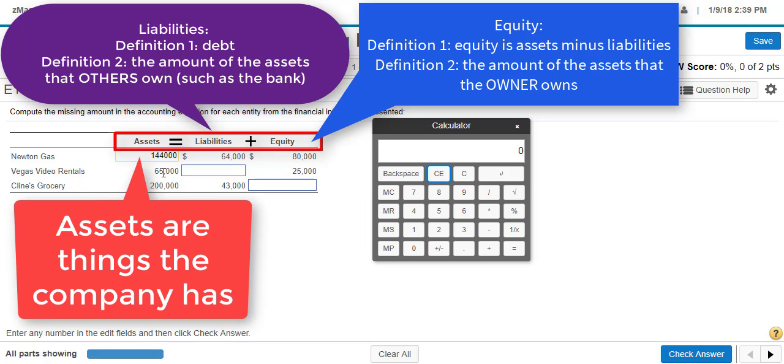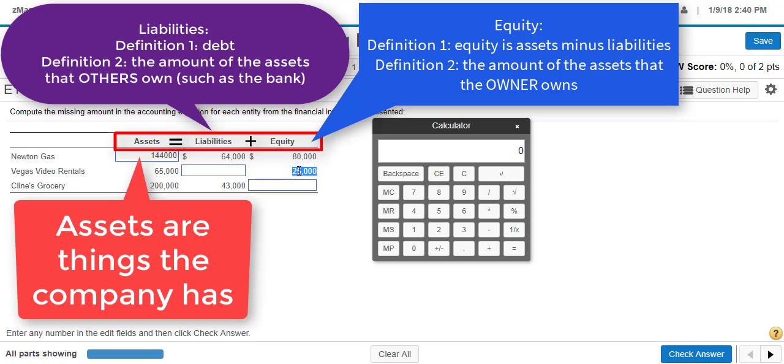Let's go down to Video Rentals. Video Rentals has $65,000 of assets. We don't know how much debt they have, but of these $65,000, the owner owns $25,000. Remember, that's what equity means. Equity means the amount of the assets that the owner owns.